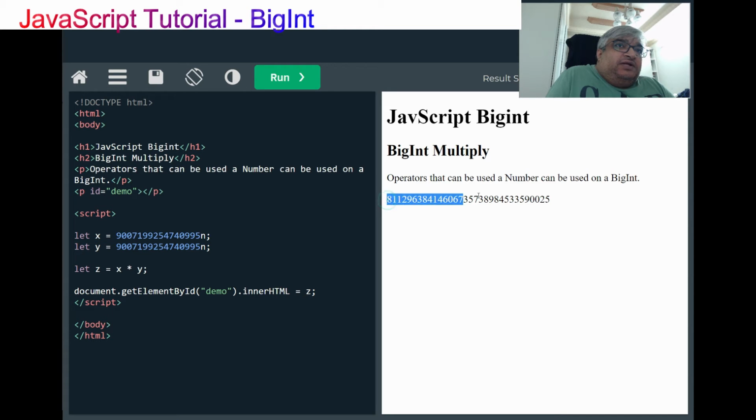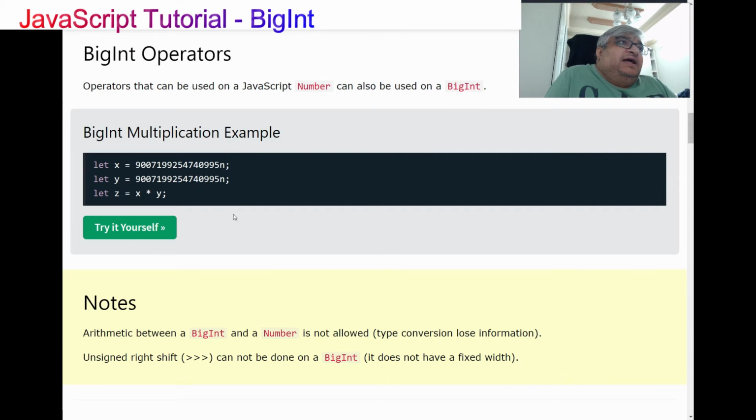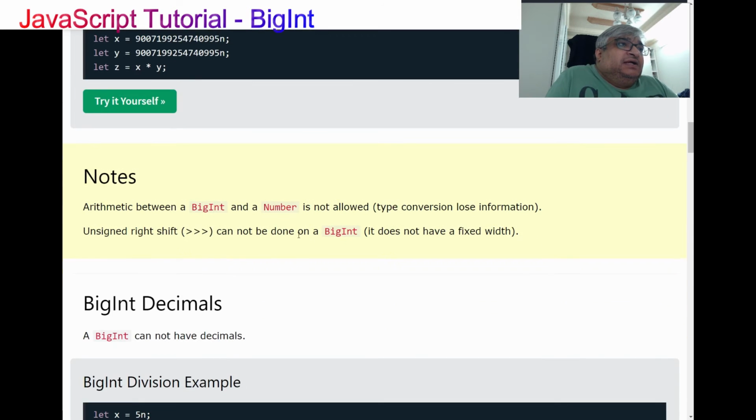Oh my god, it's such a big number. Wow, so big. This was only possible because we now have the data type BigInt, right? So we can perform multiplication between BigInts. All operations which we could do on numbers are possible in BigInt.